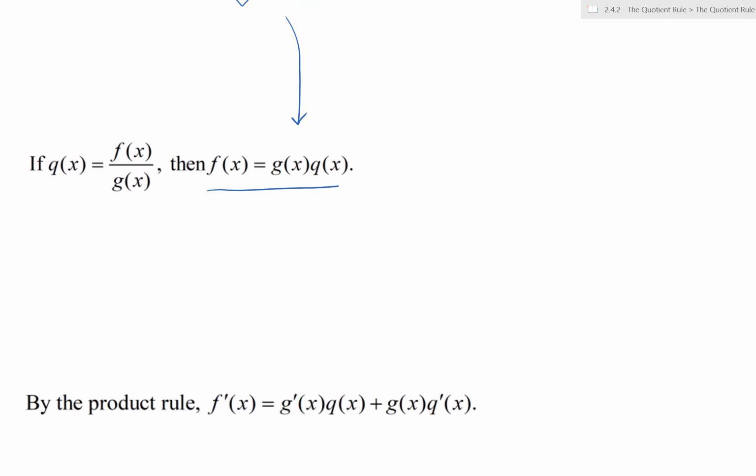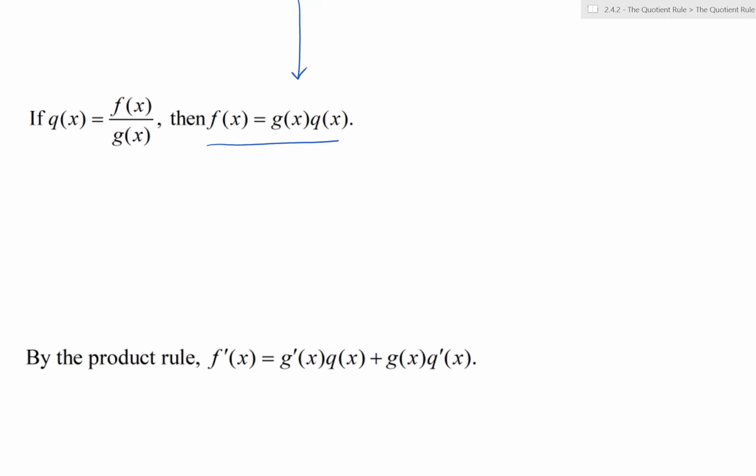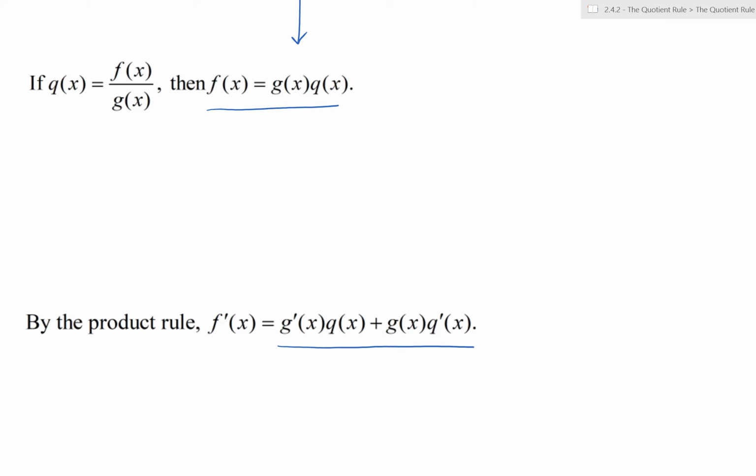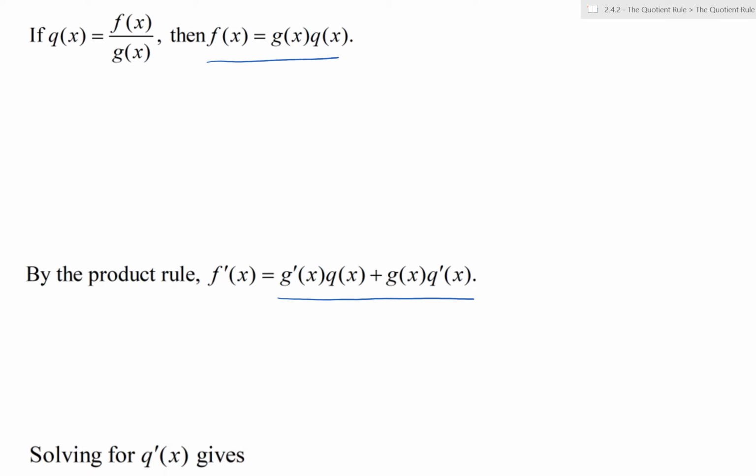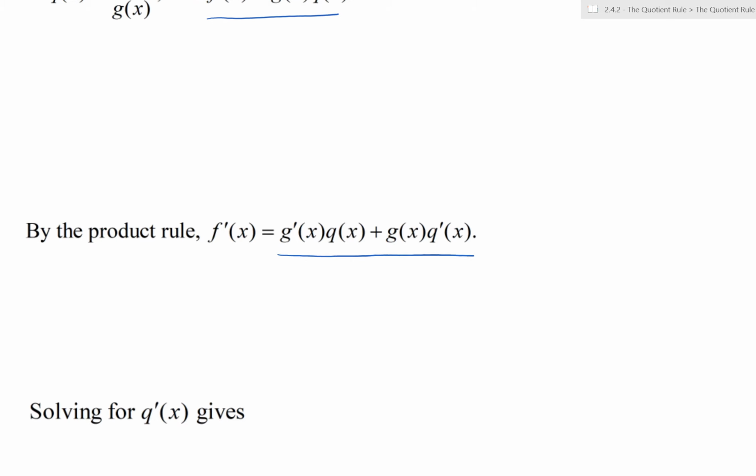So by the product rule, which we've already established in a previous video, I can find f prime of x by applying the product rule, and this is what we get: g prime of x times q of x plus g of x times q prime of x. That's our product rule, and it is the derivative of f here.